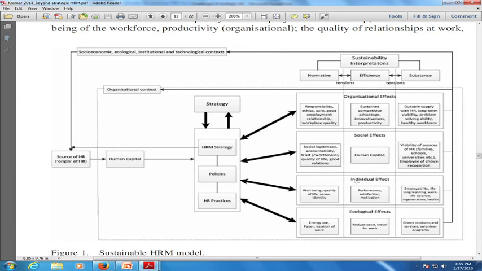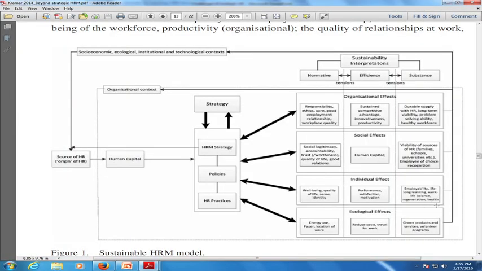So at the individual level, that leads to and is in turn influenced by performance, satisfaction and motivation, which leads to and is in turn influenced by employability. Who takes you, who gives you a job: employability, lifelong learning, work-life balance, regeneration and health. Employee health, as you see, is sort of percolating down. We've talked about it earlier, but it's very important to be healthy, both mentally and physically and even socially.